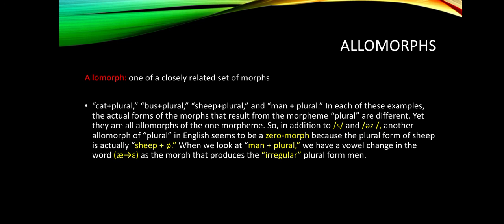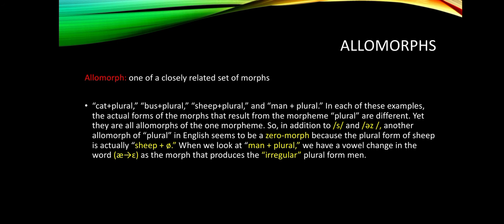Then allomorph, one of a closely related set of morphs. Cat plus its plural, cats. But when bus is made plural, we do not call it bus-s, we call it buses. Similarly, sheep has the same plural form that is known as sheep.